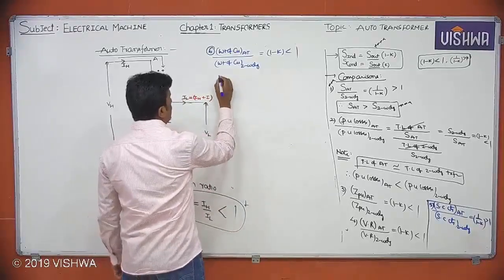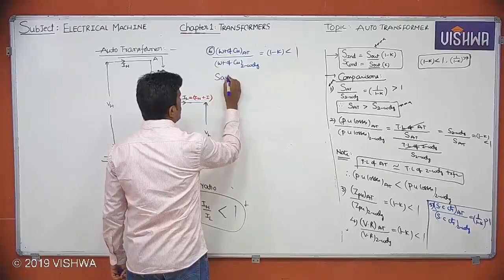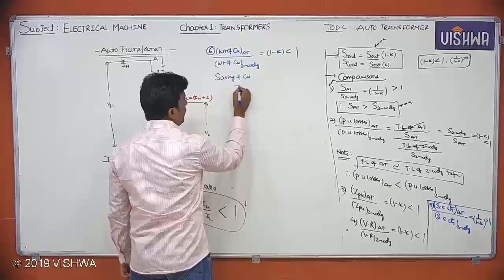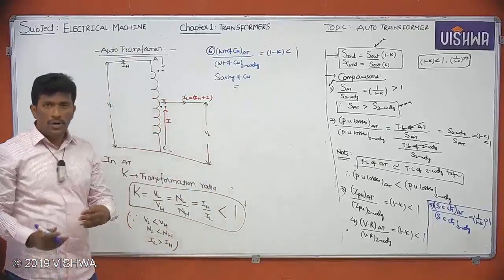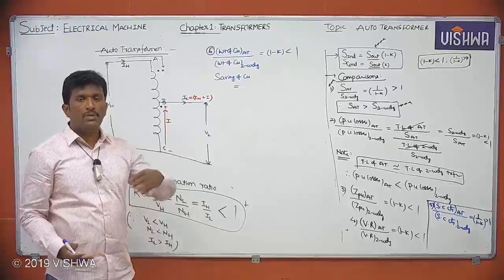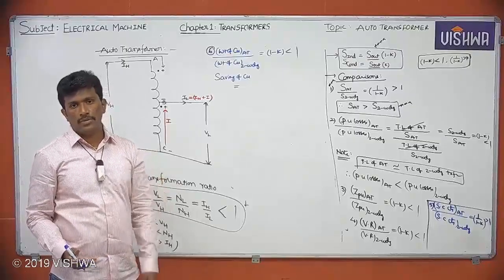So tell me here, saving of copper in auto transformer. If I use auto transformer, when compared with the two-winding transformer, copper is saved here. How much copper is saved means, tell me where the requirement of copper is more, two-winding transformer, right?